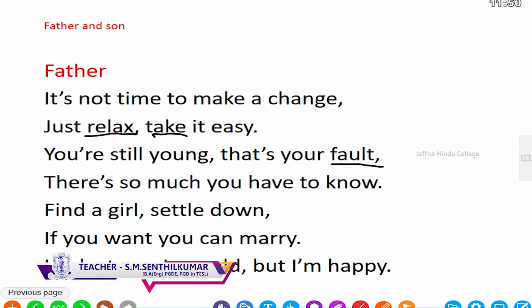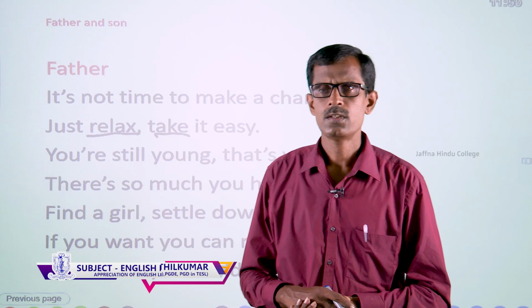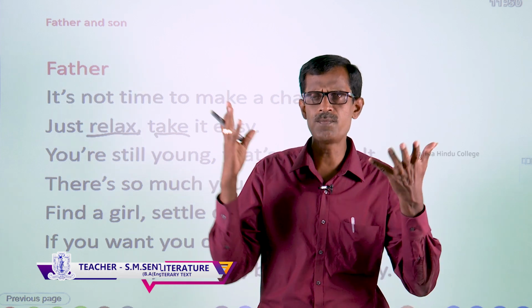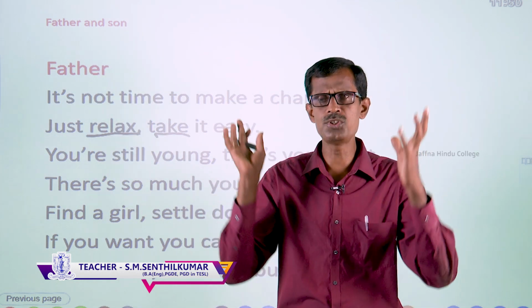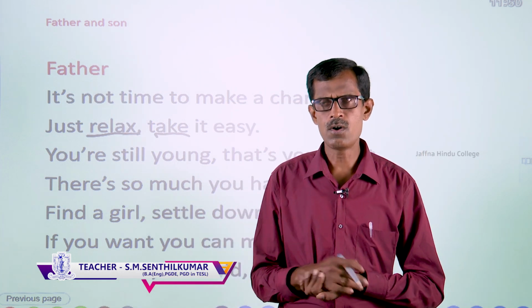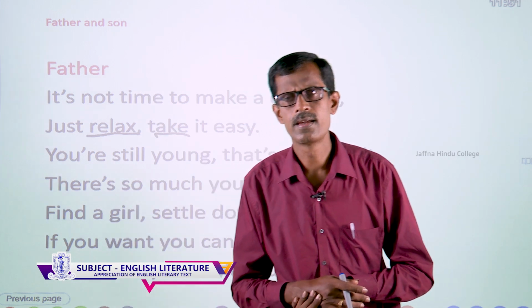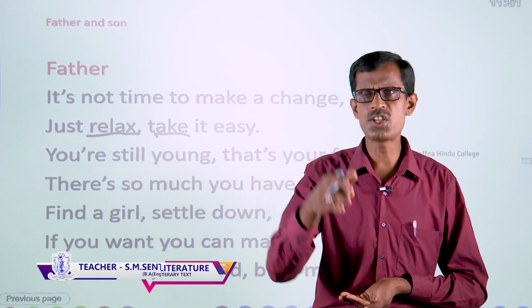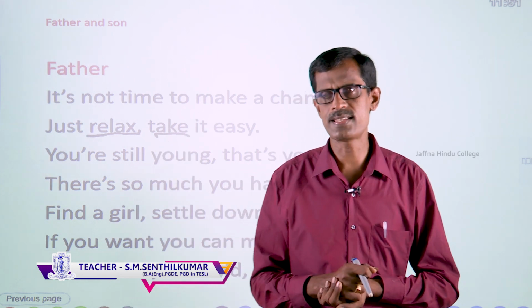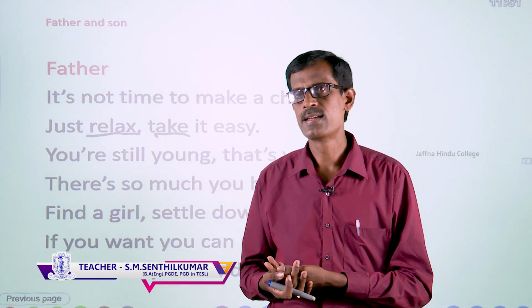Find a girl, settle down. If you want, you can marry. In this sense, the son is now ready to leave home because he has an ambition to change the world. He wants to make a bright future for himself. The father says, find a girl, it means shoulder responsibility. But after marriage, he can't take his own decision.